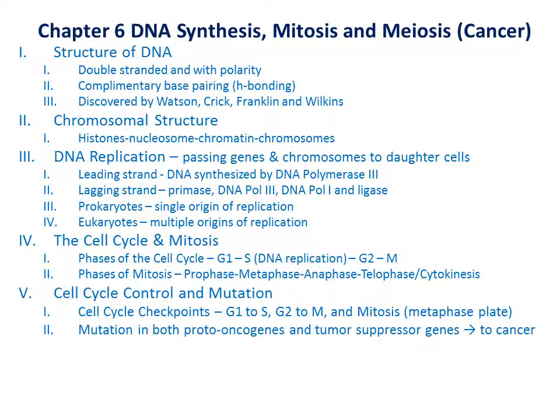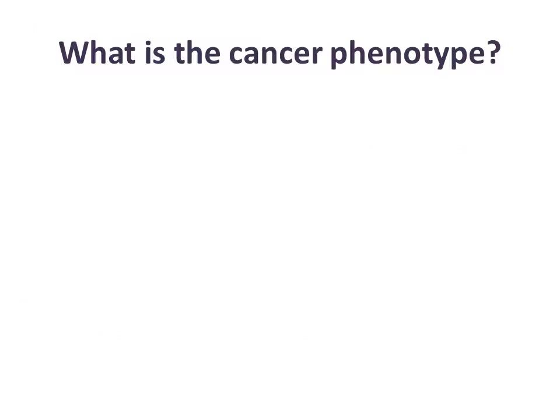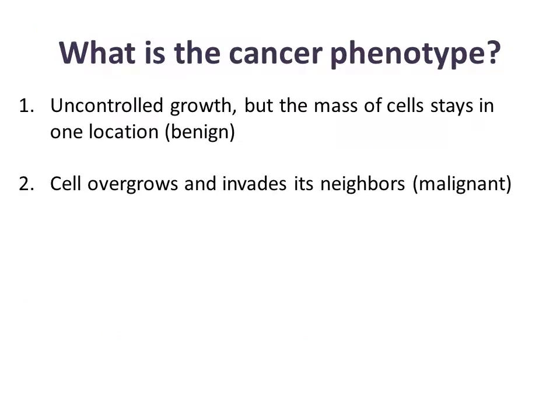What does the cancer phenotype actually look like? Well, initially it's going to just be uncontrolled growth with a mass of cells. However, if they stay in one location, we consider that a benign growth that can usually be excised with little damage to the surrounding tissues.